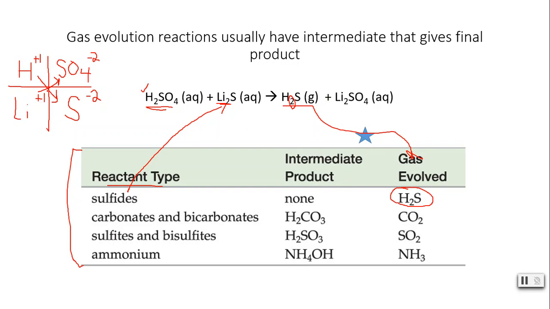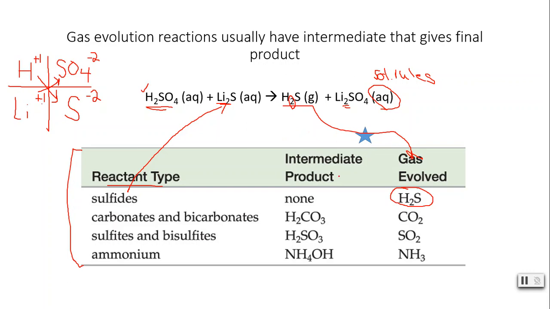And since lithium is a +1, sulfate is a -2, that means I need to have 2 lithiums. So Li2SO4. And from the solubility rules, you can determine that that is aqueous. Okay? So not only is this a gas evolution reaction, but it is also a double displacement reaction. Okay?